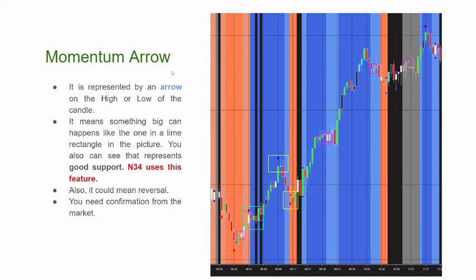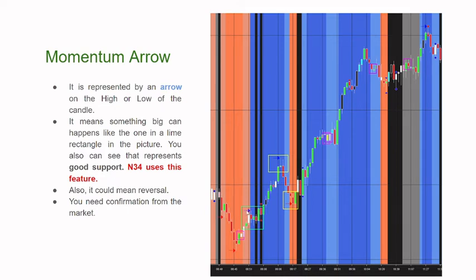I also have a momentum arrow. This arrow, the blue one here and the red here, means that the market maybe will do a huge movement, like here.